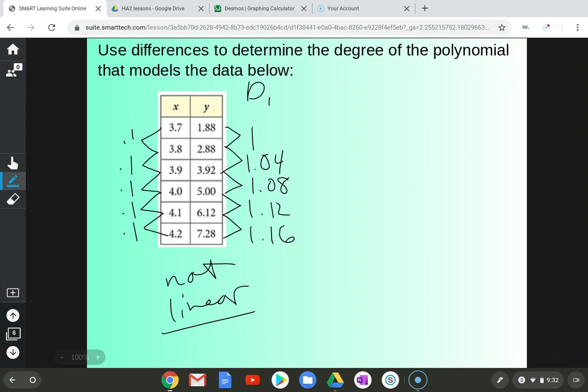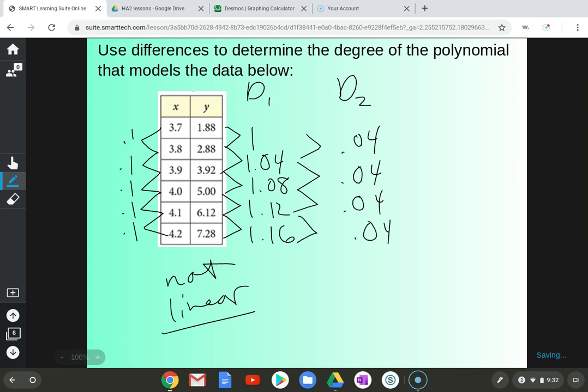If we know the function's not linear, now what we're going to do is subtract again. So let's subtract these pairs of values. 1.04 minus 1 is 0.04. 1.08 minus 1.04 is 0.04. 1.12 minus 1.08 is 0.04. And then the last one we get 0.04.